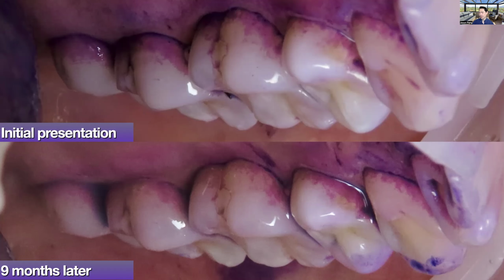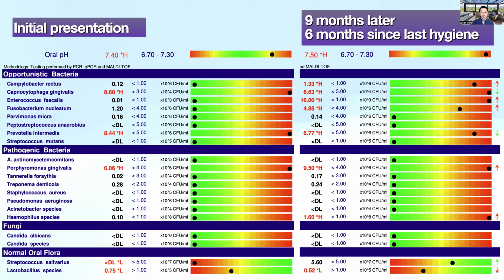So that infrequent cleaning really meant that she was behind the 8 ball again. And when we look at the oral biofilm, we can see that the numbers had jumped up quite a lot. So in fact, rather than getting better, six of them were worse, and only 3 of them were better.